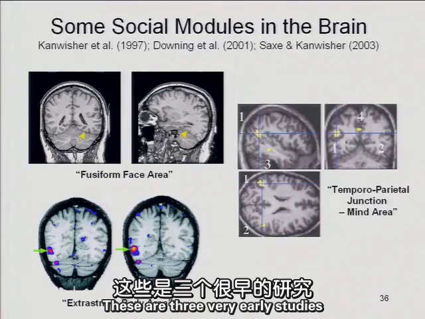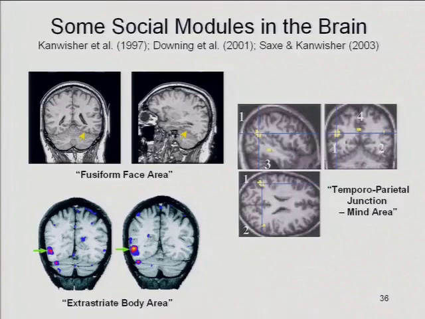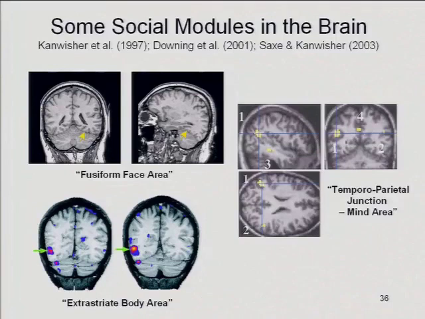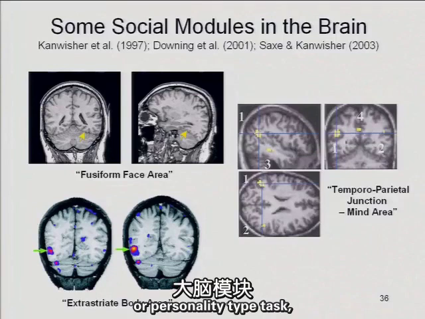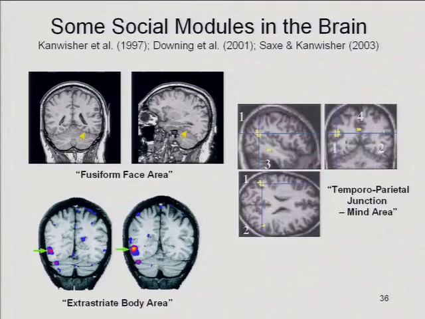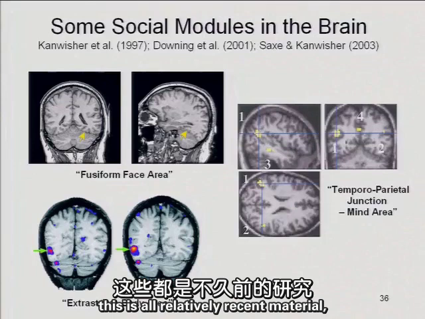These are three very early studies that seem to identify brain modules that are involved in more or less specific social or personality type tasks and do not seem to be activated under other conditions. Notice the dates, 1997, 2001. This is all relatively recent material.